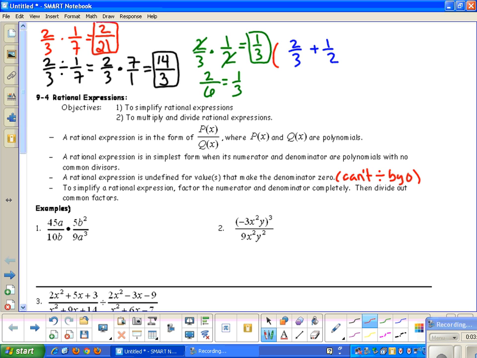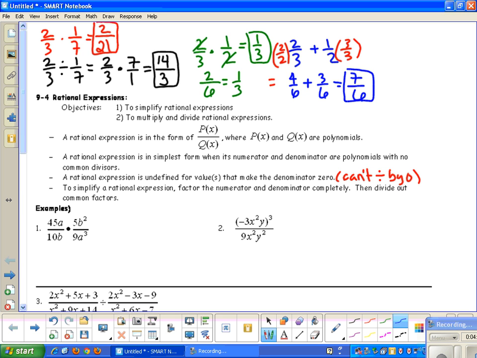So we would multiply this by 2/2, and this by 3/3. When you rewrite your equation, you would end up with 4/6 plus 3/6. Remember, when adding or subtracting fractions, you add the numerators, so 4 plus 3 gives me 7 over your common denominator.